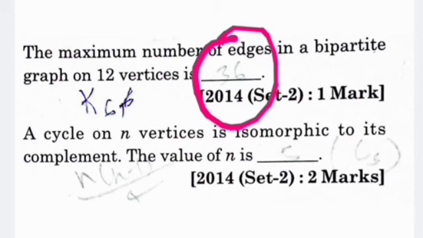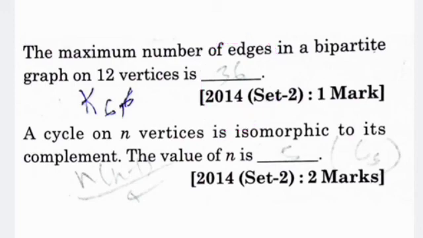Now come to the next question: a cycle on n vertices is isomorphic to its complement. The number n is what? So here it is a fill in the blanks type question, a numerical type question where there is no negative marking. This is very advantageous, because in the GATE paper there is no negative marking for numerical type questions.